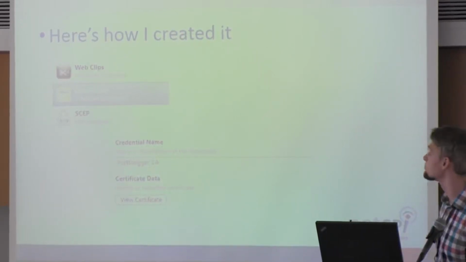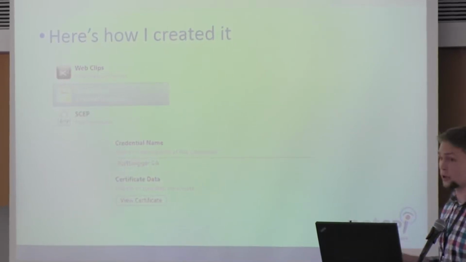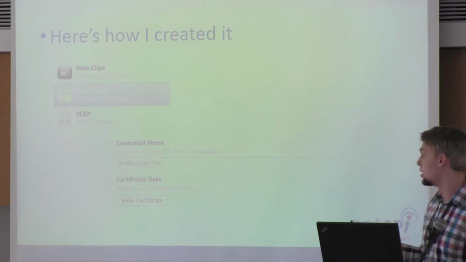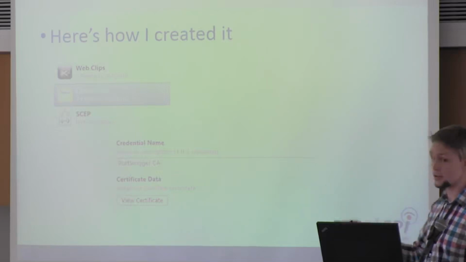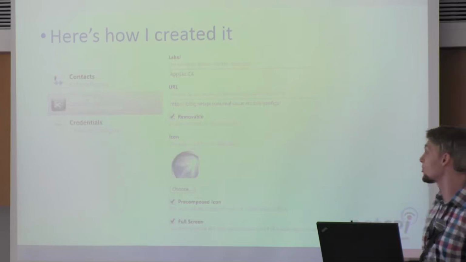So this was kind of a pain. But basically you give it the certificate authority that you want to trust. This is the intercepting CA for the root proxy. This is what I use for testing, and you just install that certificate authority. Really, really simple. So that gets you in the middle of the SSL traffic.